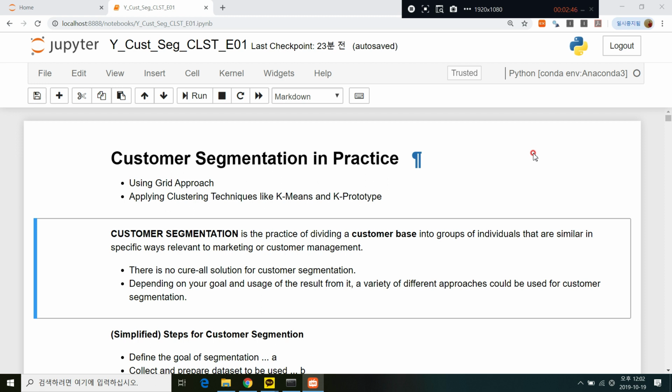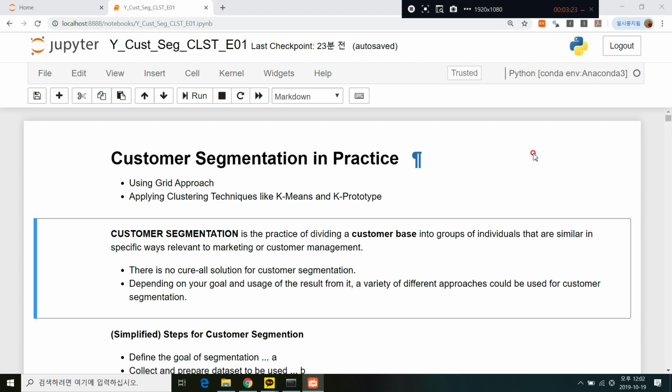Customer segmentation is the process or the practice of dividing the customer base, the entire customer base, into meaningful groups of individuals that are similar in specific ways you choose, relevant to marketing or customer management. There is no cure-all solution in customer segmentation, so you have to study, and I have to give you some advice here.